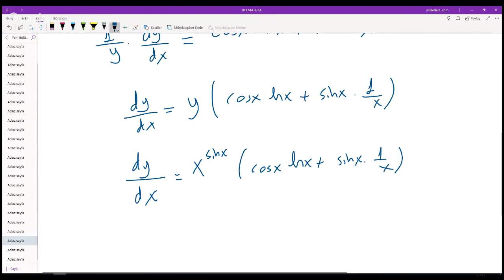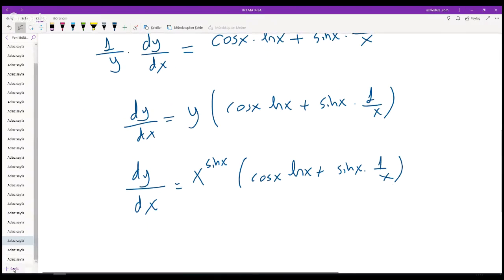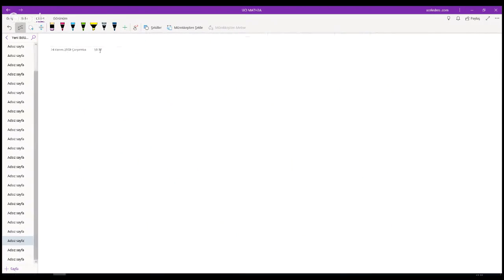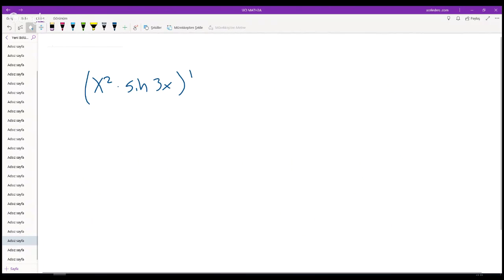So we have a question like the derivative of x squared times sine cubed x. I will apply the product rule, right?